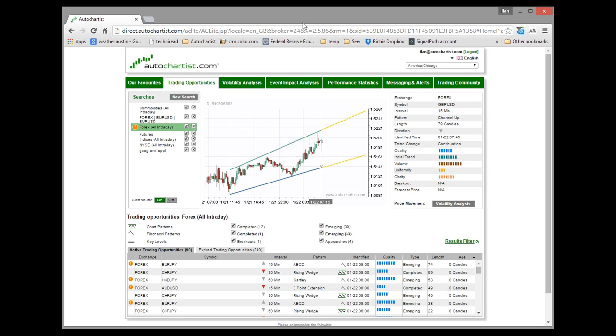So I like to be in the market. I like to have my skin in the game. So even if there's sideways markets, I like to play what I call emerging patterns. But if you're not that kind of person, if you're sitting on your capital waiting for a trending market, then certainly the colored arrows are the ones that you should be trading.